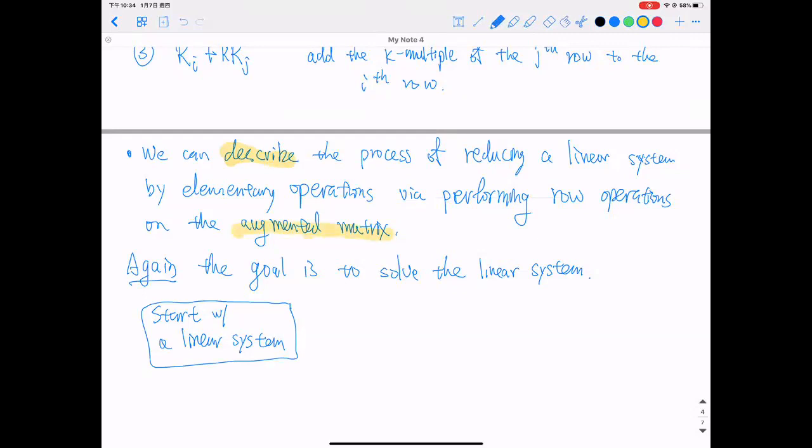So instead of keeping track of the system, let's work with the augmented matrix.